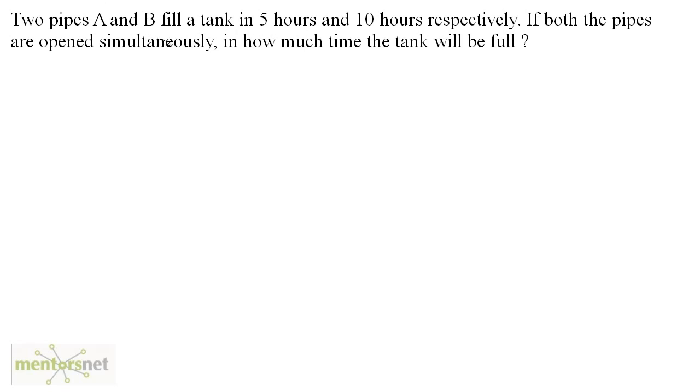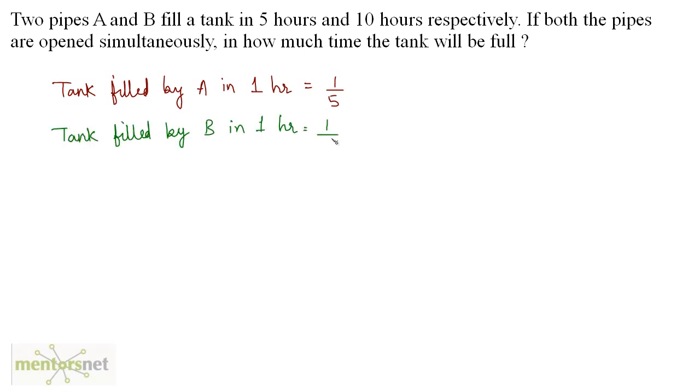That means the tank is completely full in 5 hours if only A is open. So the part of the tank filled by A in 1 hour is 1 by 5. Similarly, the tank filled by B in 1 hour will be 1 by 10.